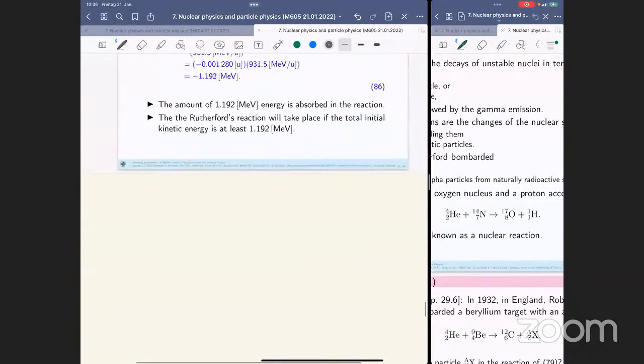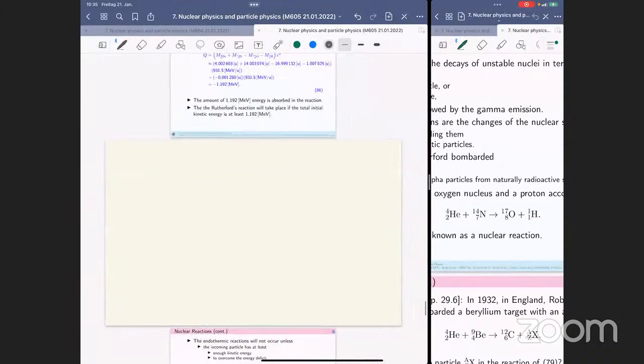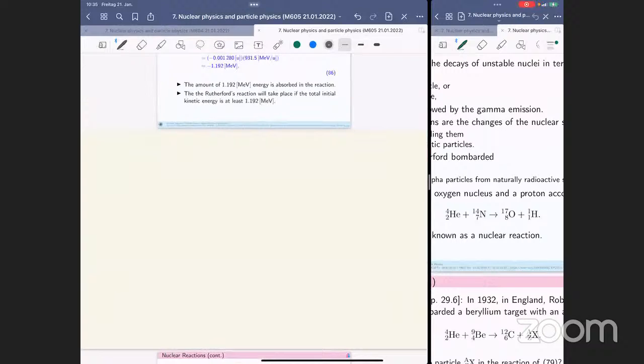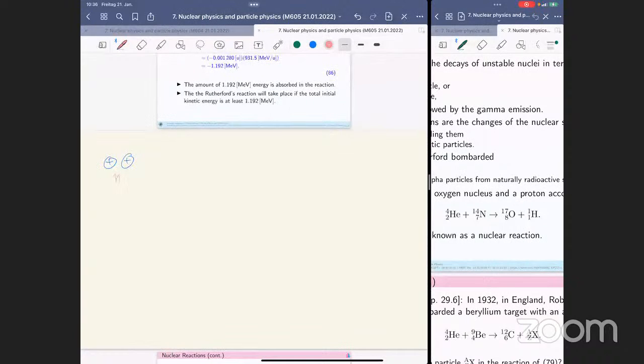Okay, in the Rutherford experiment, he has an alpha particle, which is helium-4, 2, right? 2 protons and 2 neutrons, and this alpha particle is accelerated with speed v, and it hits nitrogen-14, 7.